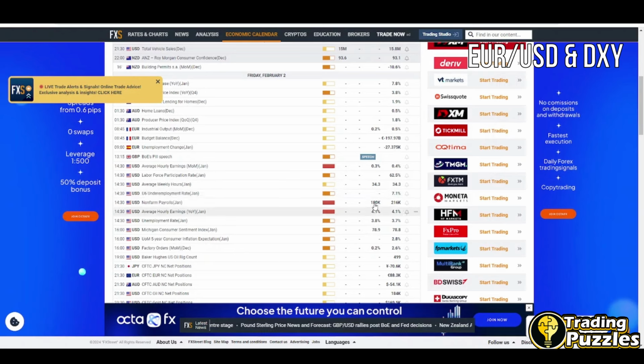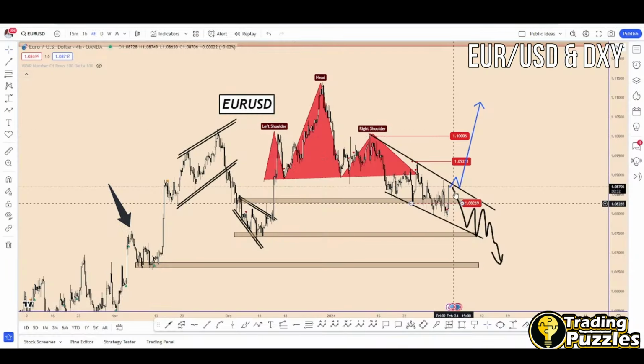The problem is that in this situation it is difficult to anticipate the next price movement only from the non-farm payrolls data, considering that the market didn't react to the big events that we had during this week and also during the previous weeks. So let's see what is going to happen.